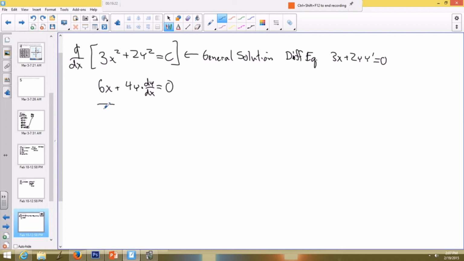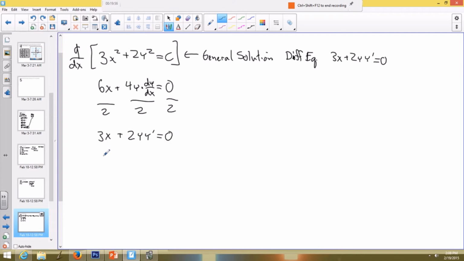So if I divide everything by 2, I have not changed that particular problem. So I have 3x plus 2y, and then dy over dx can be rewritten as y prime, equal to 0. Lo and behold, check that out. There is our differential equation, and then they want us to find the particular solution.